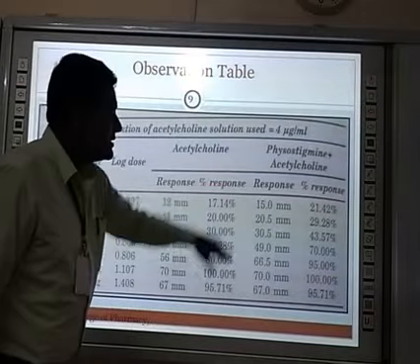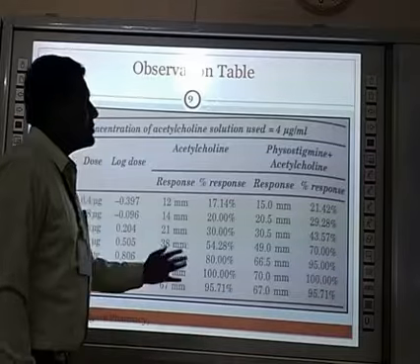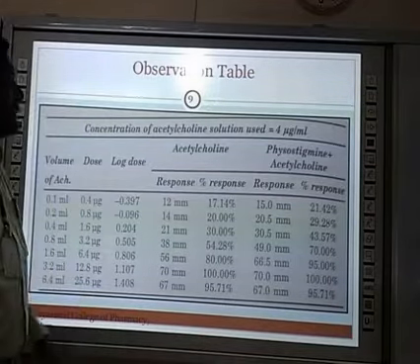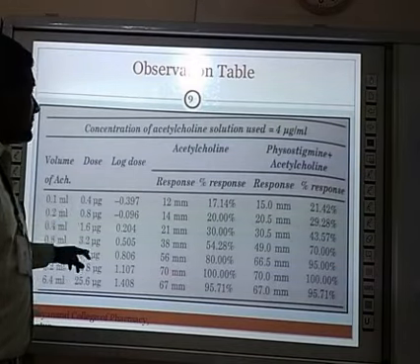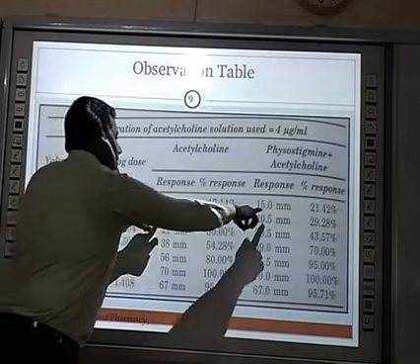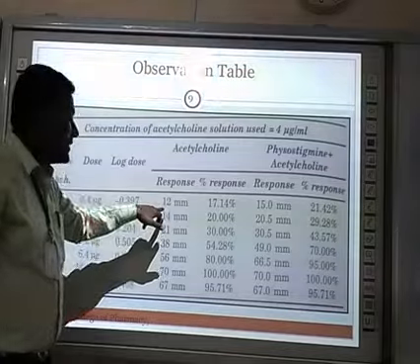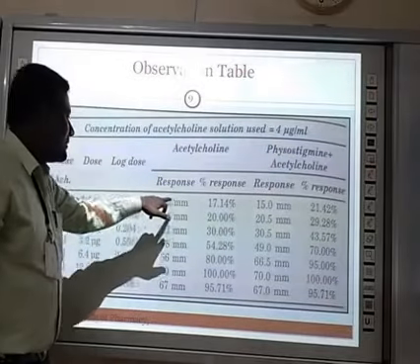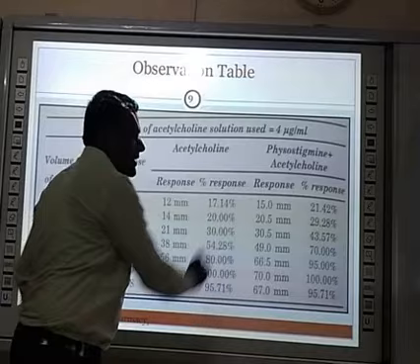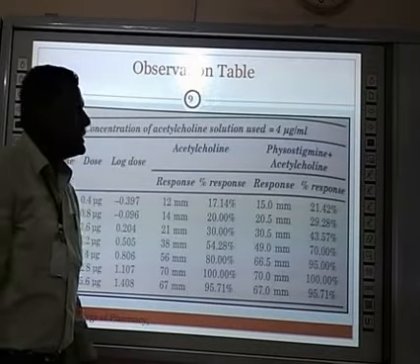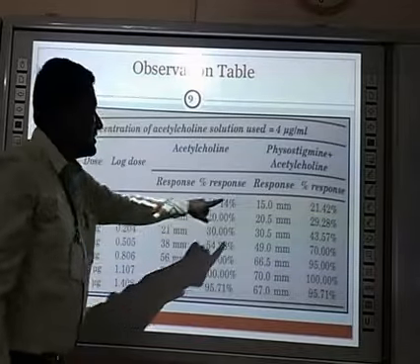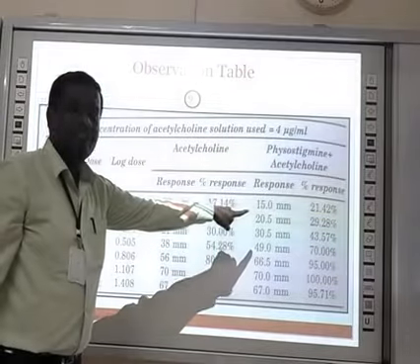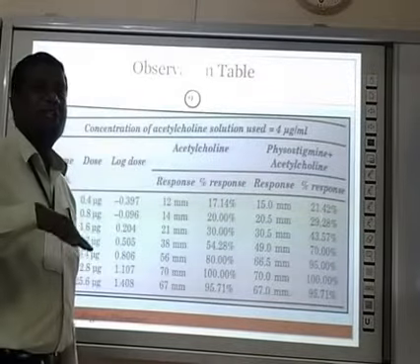Again see the responses of physostigmine with acetylcholine. For 0.1 ml, compare: without physostigmine it shows 12 mm height, and with physostigmine it shows 15 mm height. So with physostigmine, acetylcholine shows potentiation in action.